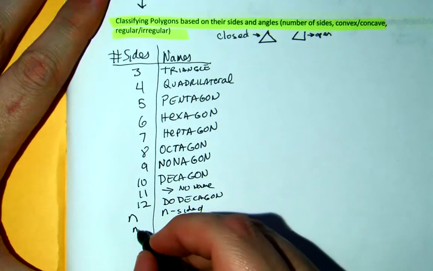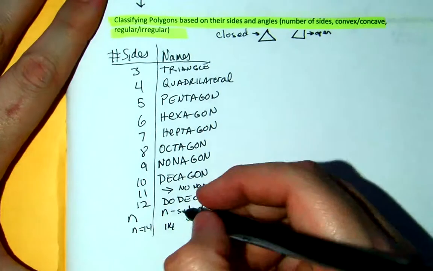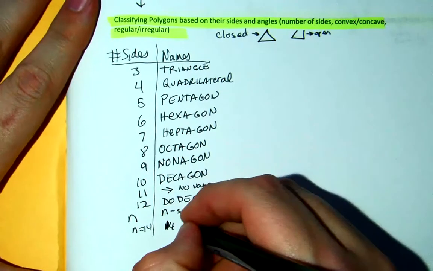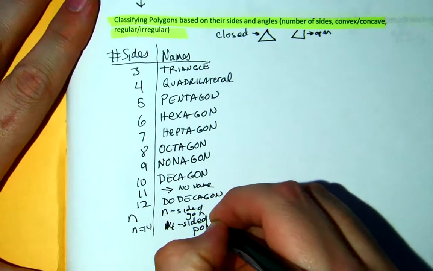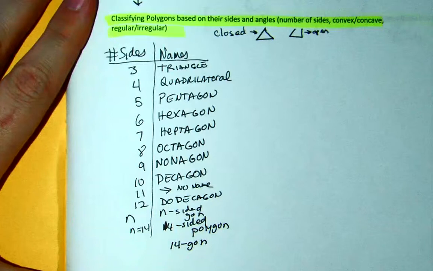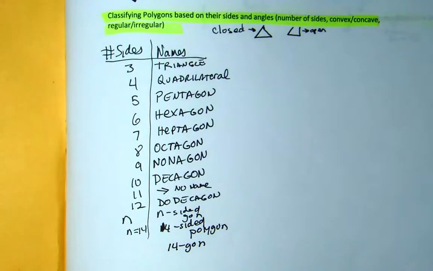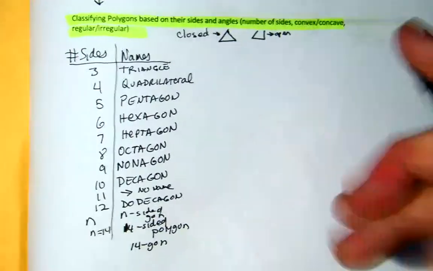Like, for example, if n was equal to 14, we called it a 14, not 114, a 14-sided polygon. Or a 14gon. You get the idea. So, number of sides, we got our names.